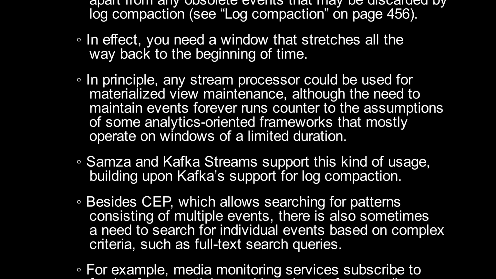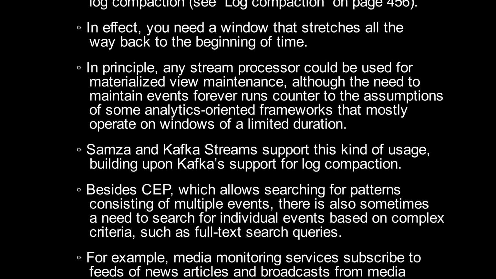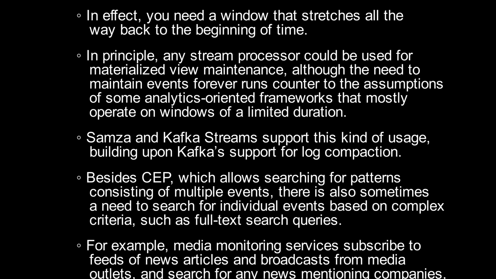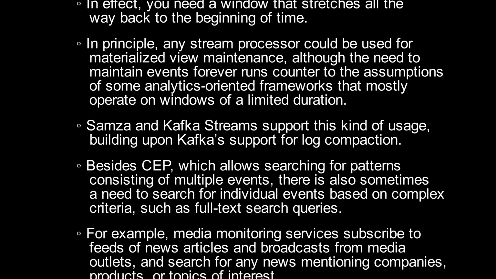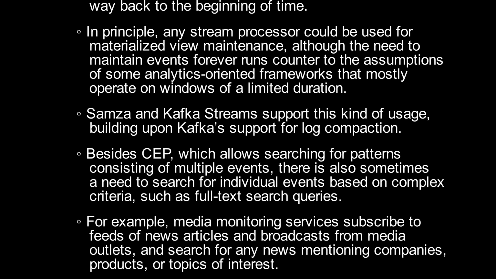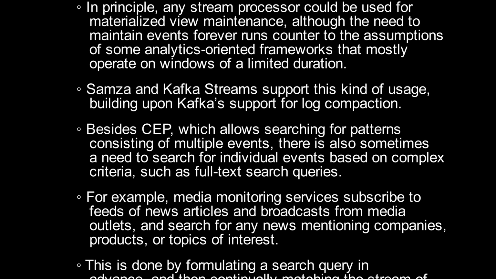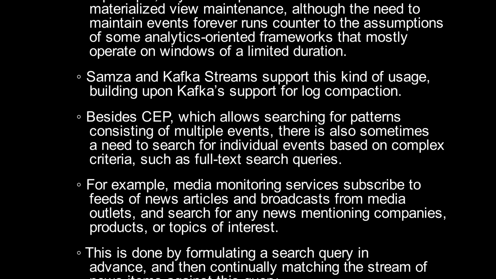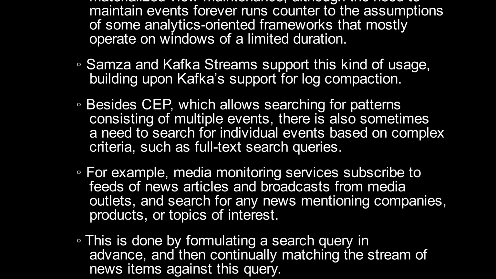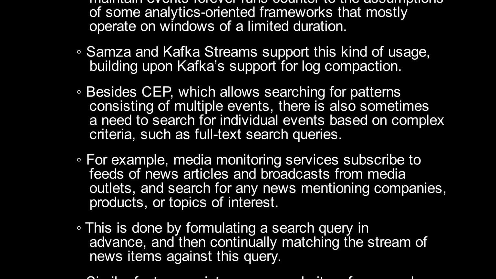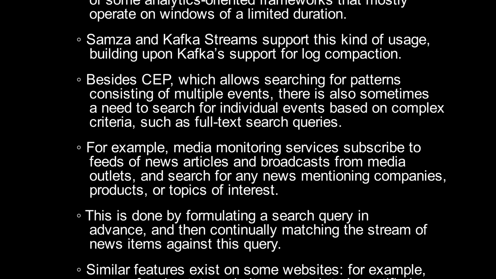Besides CEP, which allows searching for patterns consisting of multiple events, there is also sometimes a need to search for individual events based on complex criteria, such as full-text search queries. For example, media monitoring services subscribe to feeds of news articles and broadcasts from media outlets, and search for any news mentioning companies, products, or topics of interest.